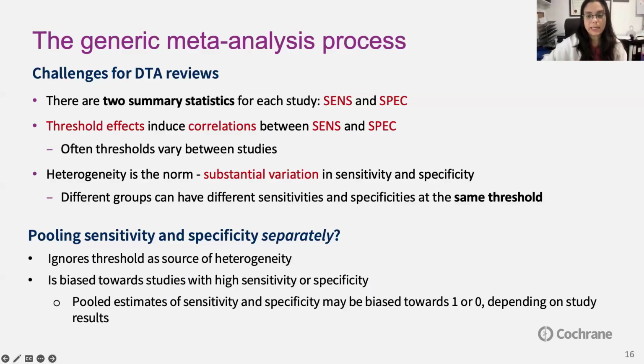So the general meta-analysis process obtains a single estimate. But this approach is biased towards studies with high sensitivity or high specificity. And it also ignores the threshold as a source of heterogeneity. So in this case, we would require more advanced methods than a simple weighted average.